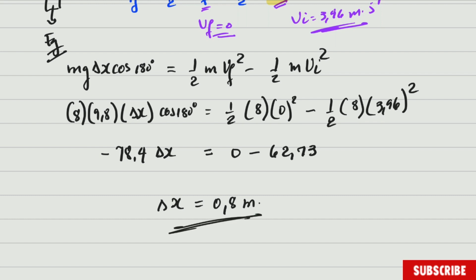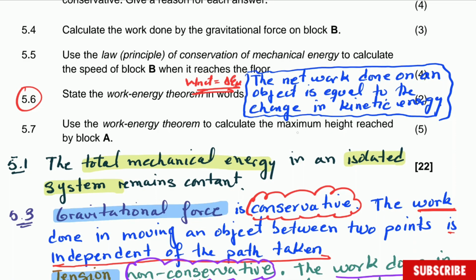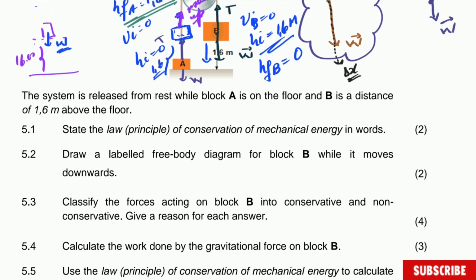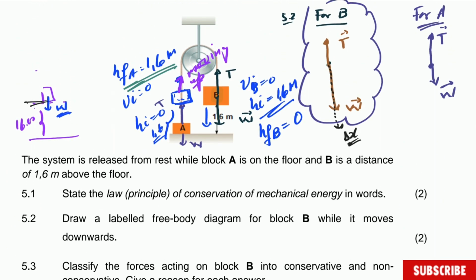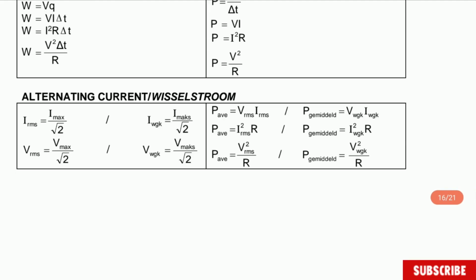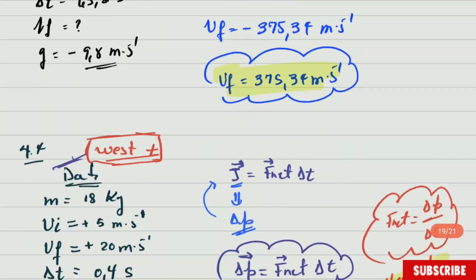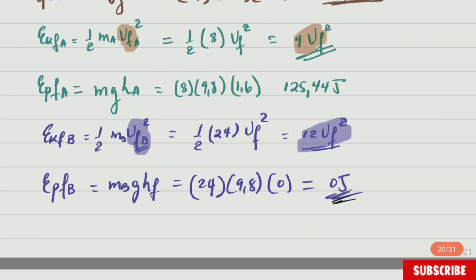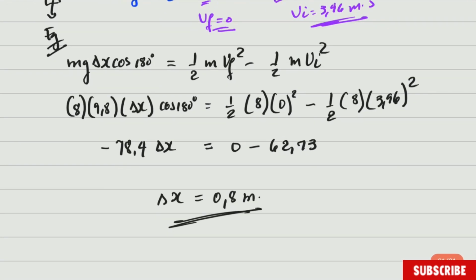Now I want you to be careful. This is not the final answer. They say maximum height reached by block A. What we calculated is just from here up until a certain point. So the maximum height will be the addition of the 1.6 plus the answer we just got here.